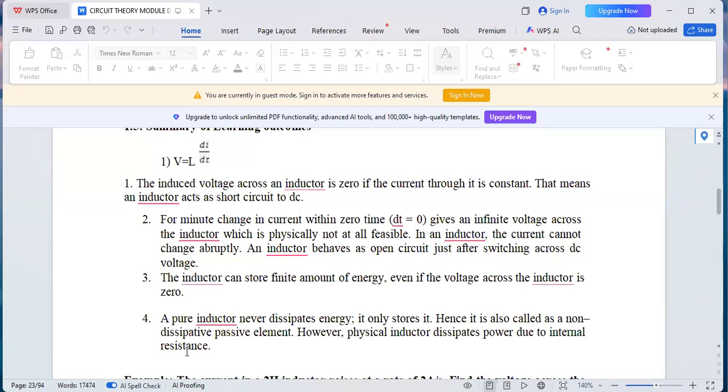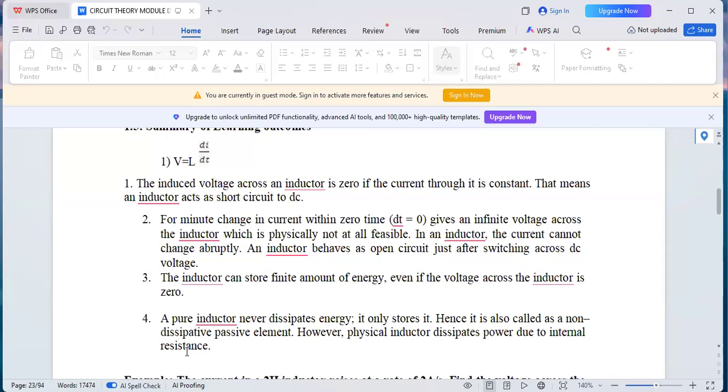A pure inductor never dissipates energy. It only stores it. Hence, it is also called a non-dissipative passive element. However, a physical inductor dissipates power due to internal resistance.